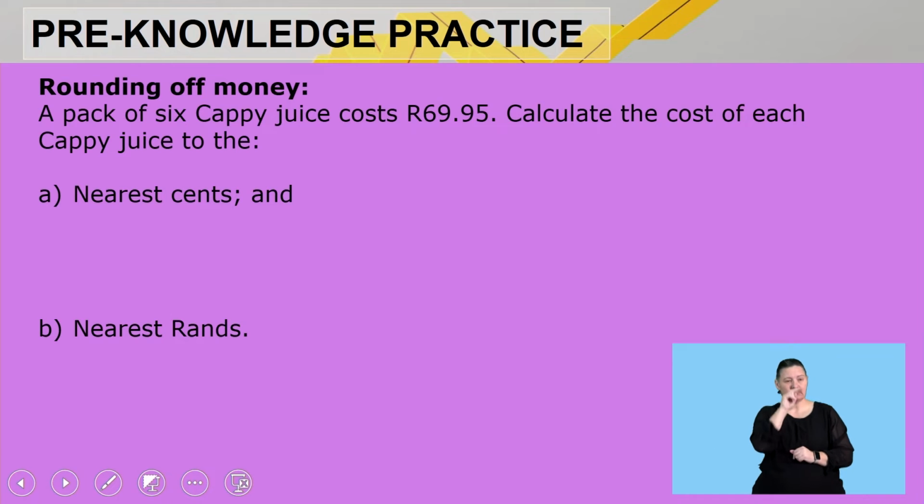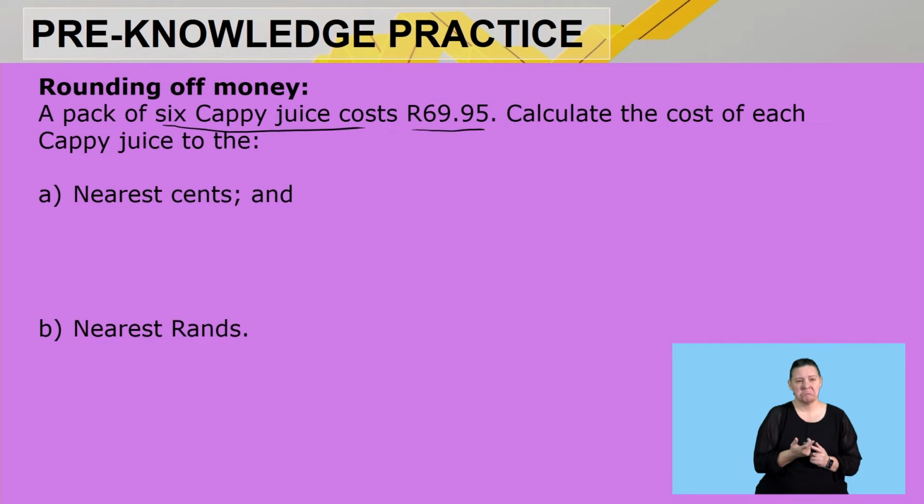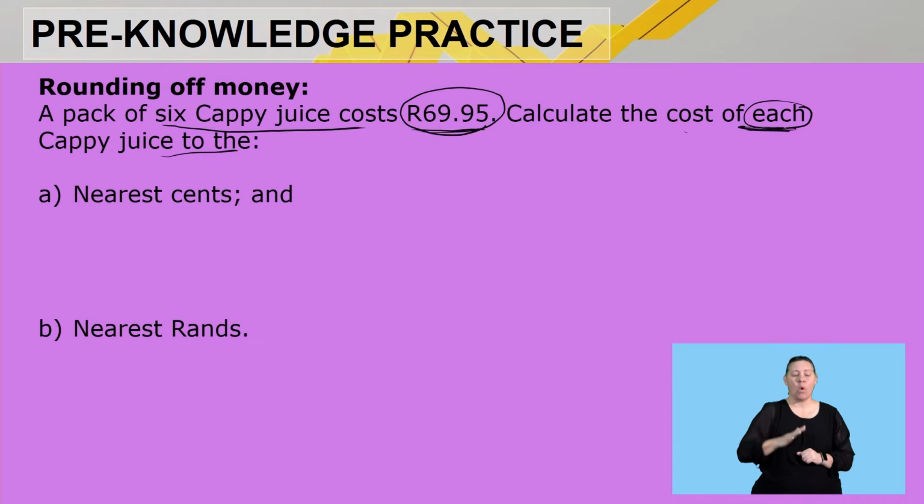Now, looking at the second example, it says here a 6-pack of Cappy juice costs 69 rand 95. Calculate the cost of each juice. Now, if there are 6 and they cost 69 rand 95, we need to find the cost of each, meaning one of them.